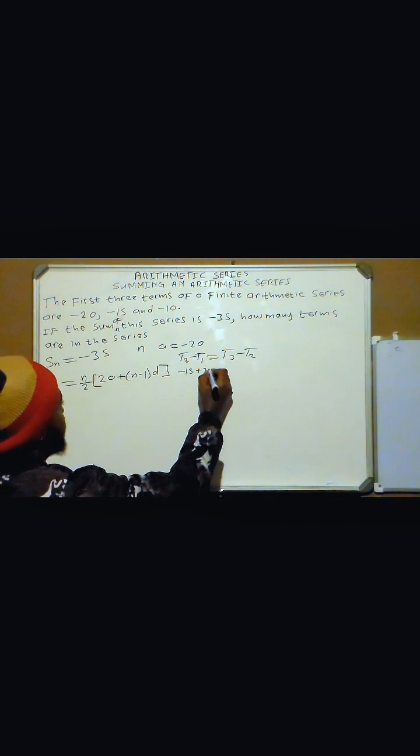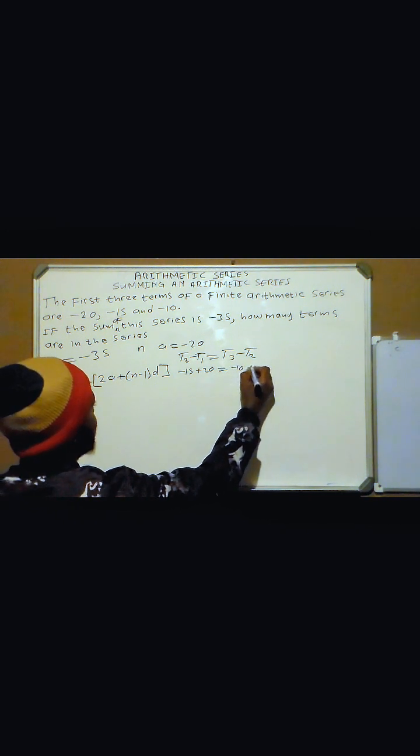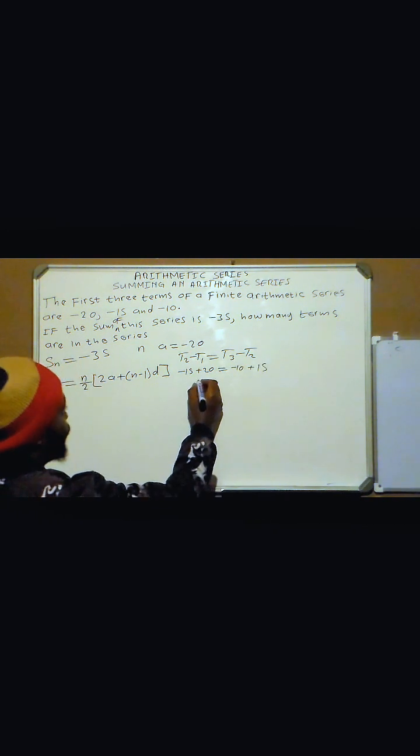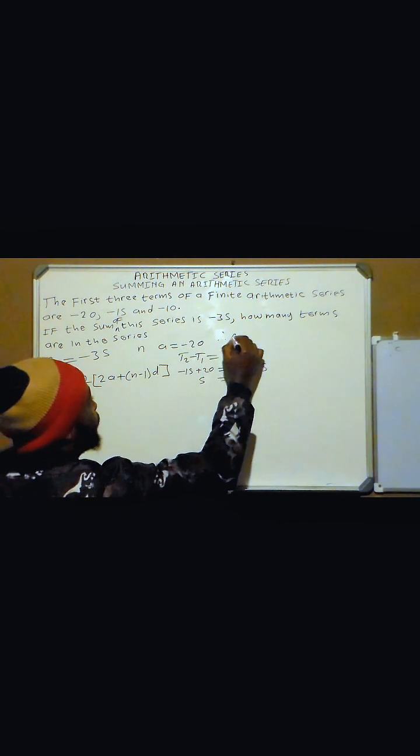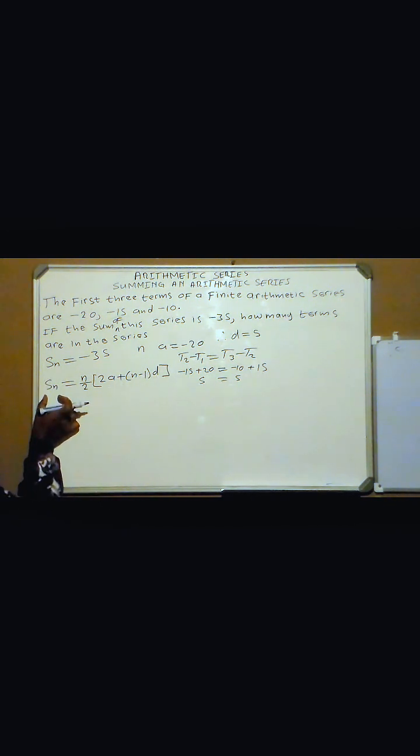So we have minus 15 plus 20, which is equal to 5, or minus 10 plus 15, which is 5. So therefore, our common difference is equal to 5. So we have a, we have d, we have Sn.